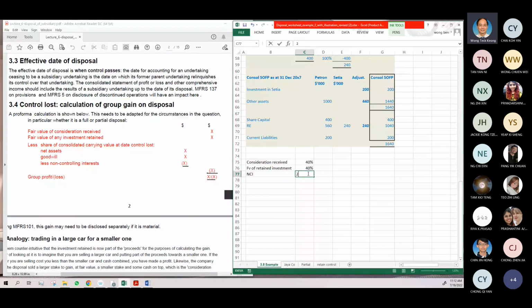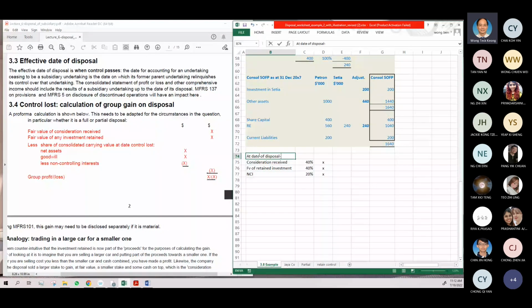So this is all your, you look at this, it's very similar to your goodwill computation. Except for goodwill, you pay money, consideration paid. Now this time you consideration received. So you got fair value retained. Remember, you have step acquisition, you buy 40 and you buy another 40. It's the same. NCI at the day, so this one must be at the day of disposal.